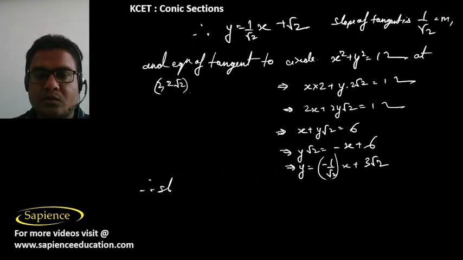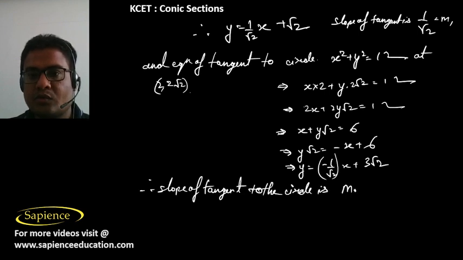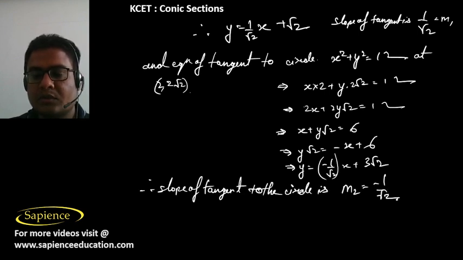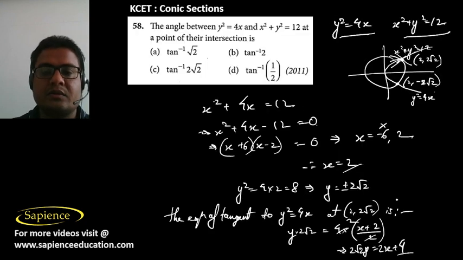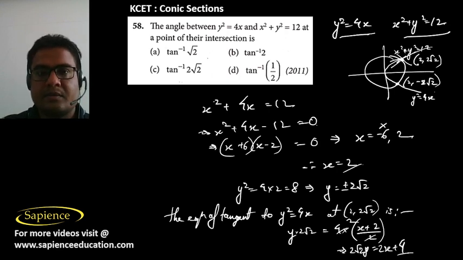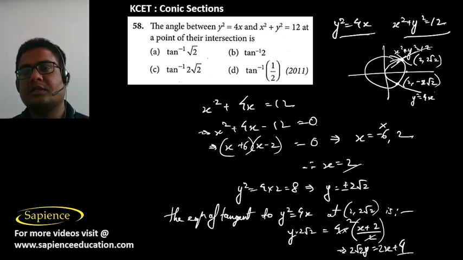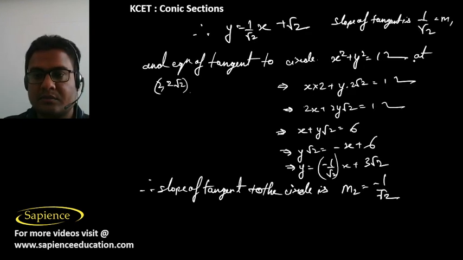So the slope of the tangent to the circle is m2, equal to minus 1 by root 2. Then we have to find the angle at the point of intersection of the circle and the parabola.